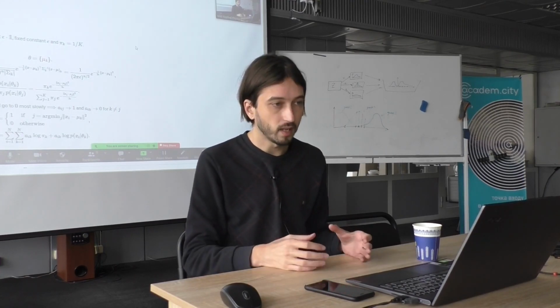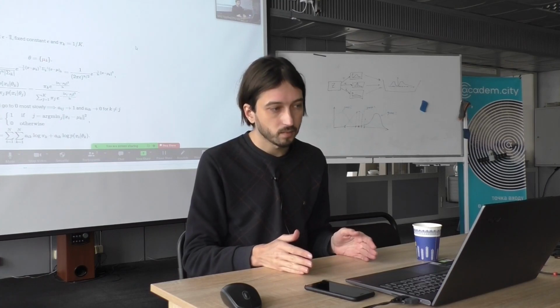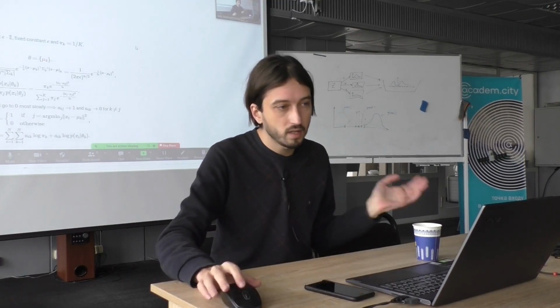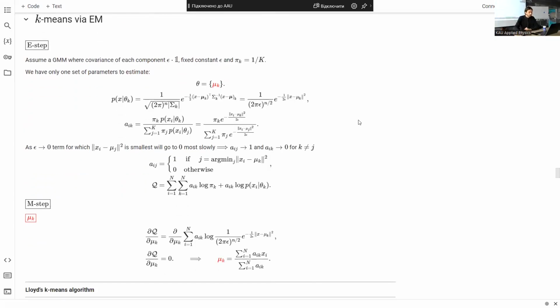If you are fixing that sigma value, of course, you make your model a little bit more stiff, and I showed you that it causes some troubles for k-means. So k-means is basically GMM, but you fix your sigma matrix in a particular way. For example, you can suppose that it's diagonal and has ones on the diagonal. So a unitary matrix, why not? And that was the case for k-means.